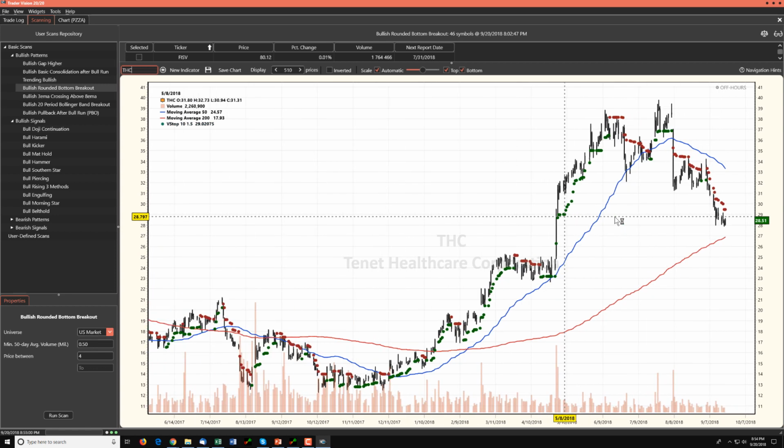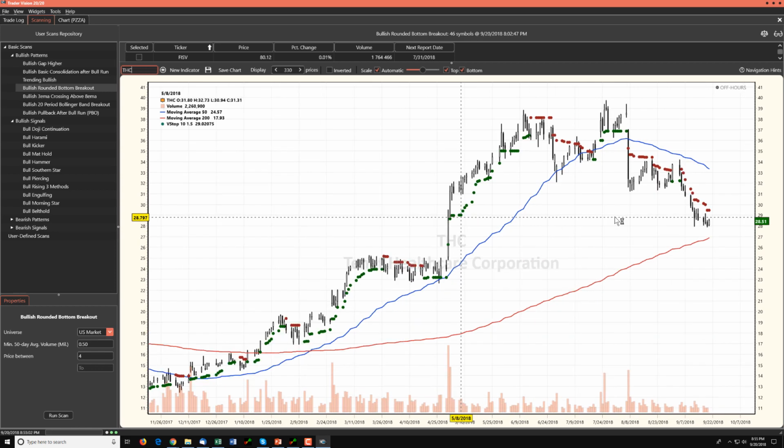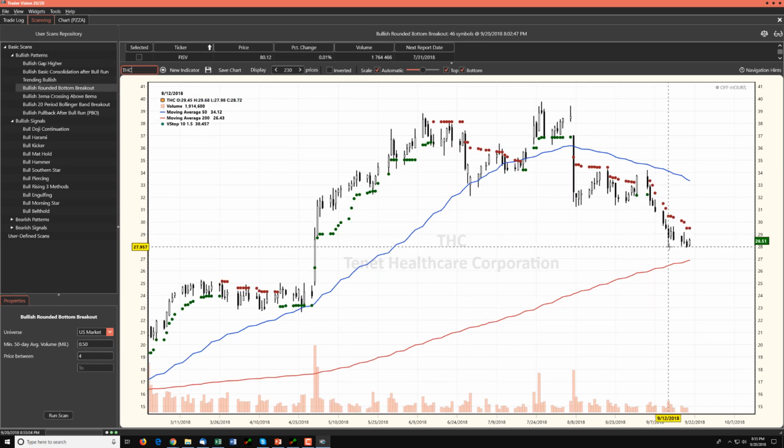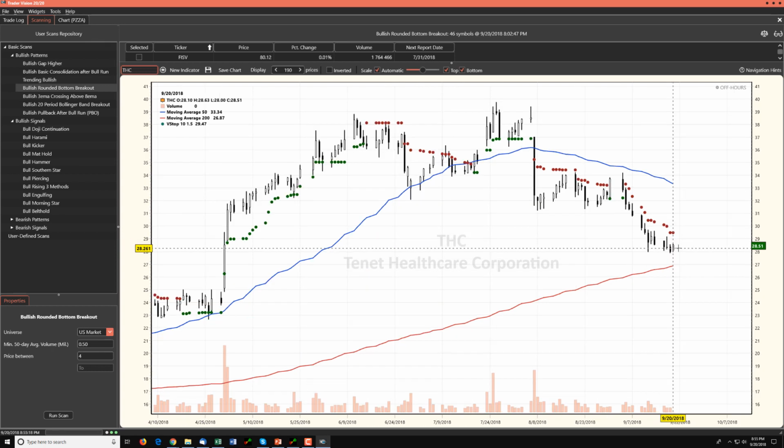I would not want to give much of it back at this point, because you've had a nice run, and there have been some potential signs that you may have some support there. But I would see how it opens, and what the general market is going to look like, because I kind of expect us to see a little bit of pullback tomorrow.